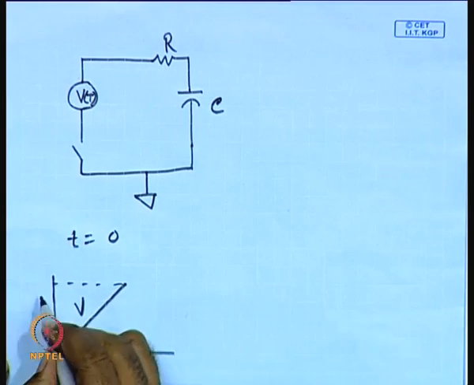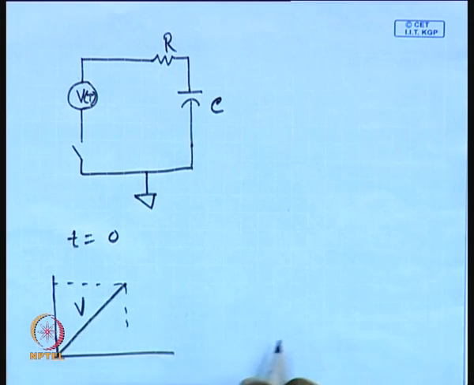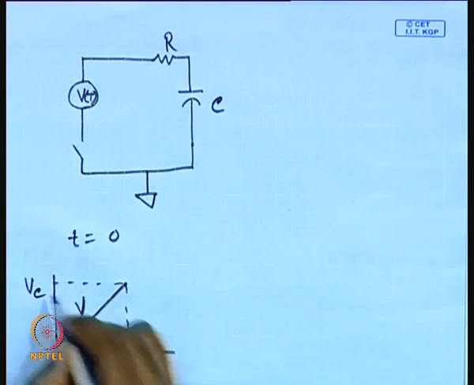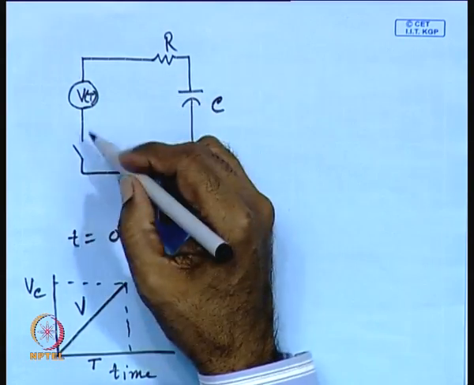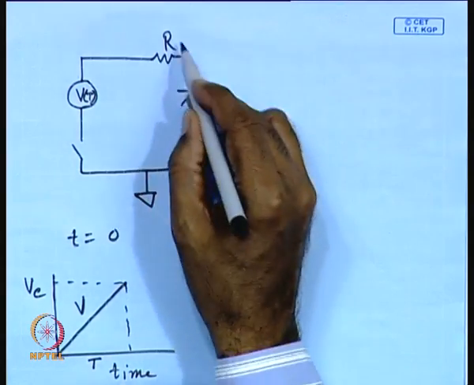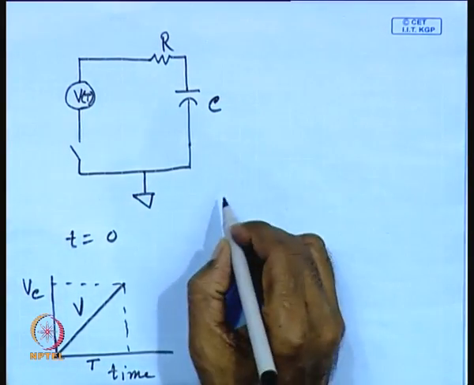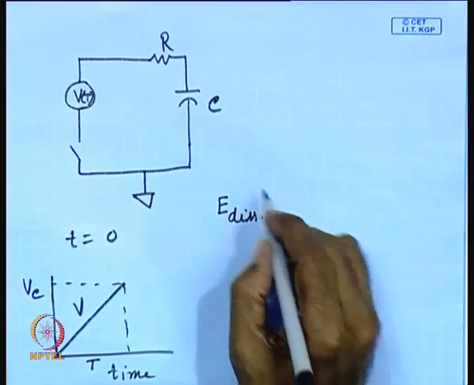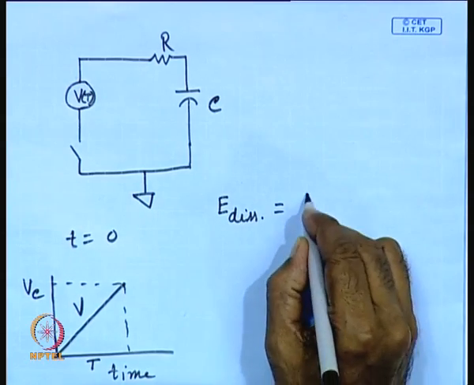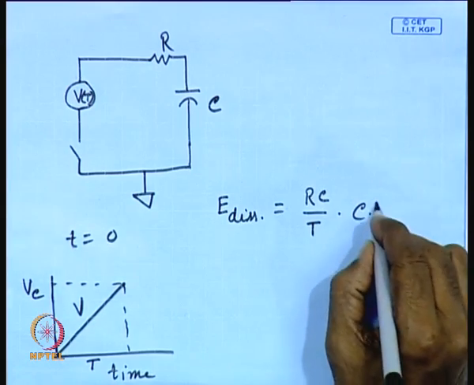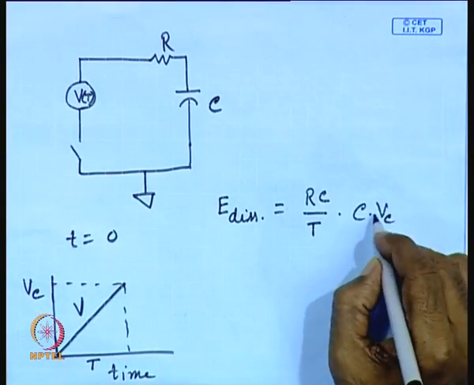And at time t, here you have the plot, in this you have got time. So, in time t it reaches a voltage, let us assume this is V c. Whenever you charge with the help of this variable voltage, what is the energy that is being dissipated in R? That can be calculated, and this will be equal to R c by T into C V c square.